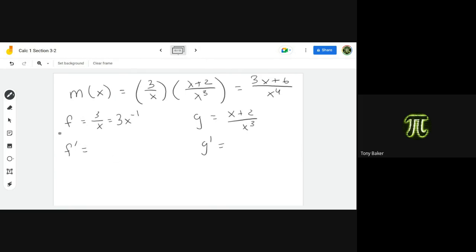So I would have changed that to there, and then I would have done 3x to the negative third plus 6x to the negative fourth, and then just do the power rule on it. So again, it all depends on what problem you have, and do as much algebra as you can to simplify the problem down before you try to do your rules.